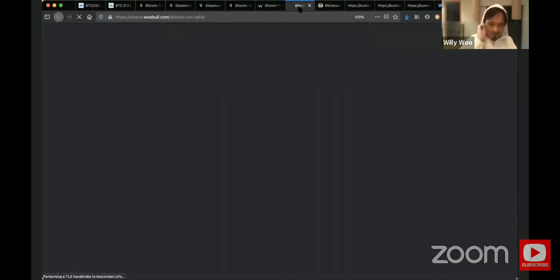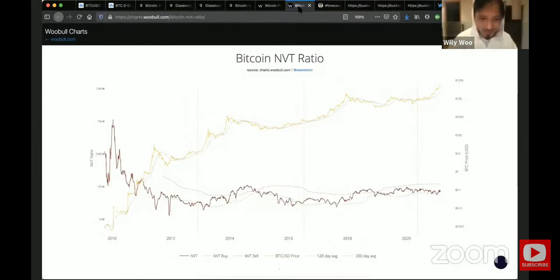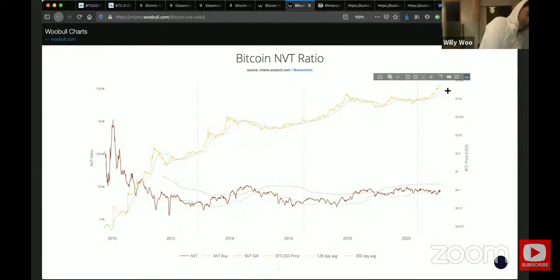This is one of the first signaling indicators we ever saw on Bitcoin. Again, someone in the chat room asked, what is NVT? It's network value to transaction ratio. Essentially, this is Bitcoin's price earnings ratio.